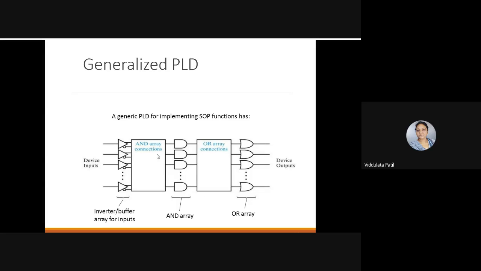In some cases the AND array may be fixed and the OR array programmable, or the AND array programmable and the OR array fixed, or both are programmable. That means we can change the connections in both arrays. So depending on that, there are different types of these PLDs, and we are going to discuss these types here.